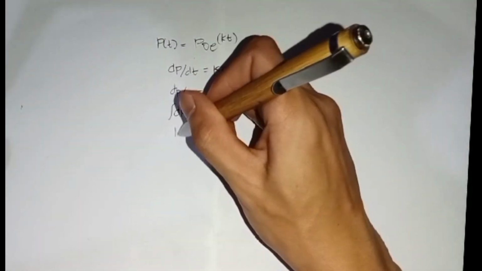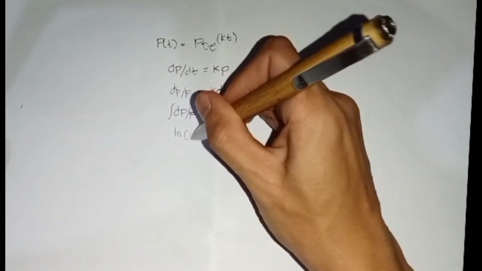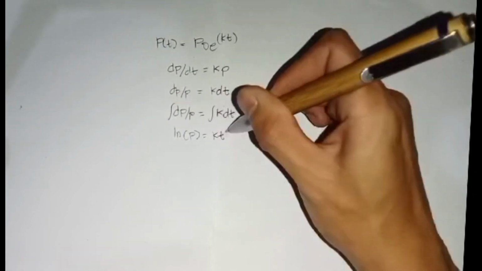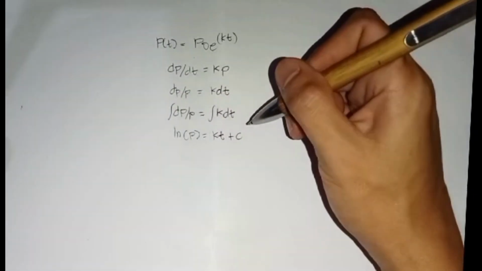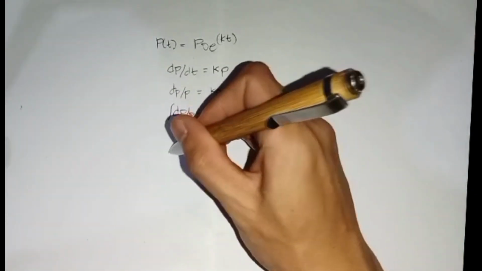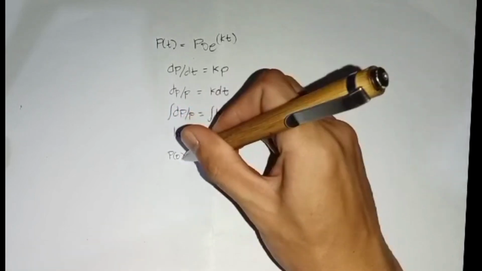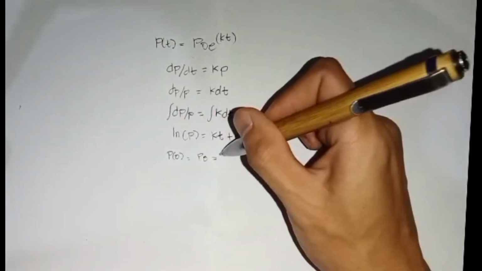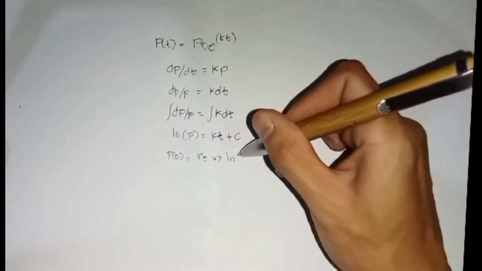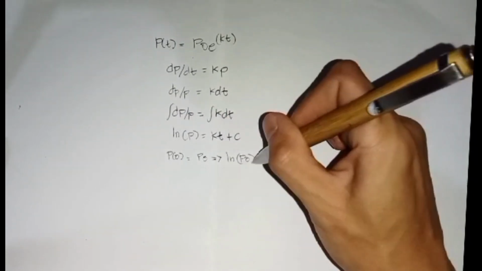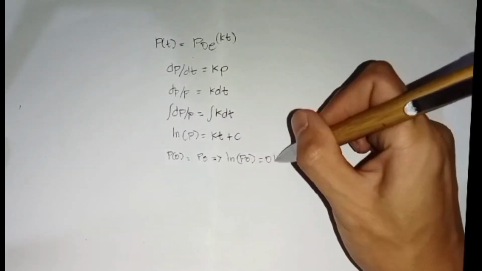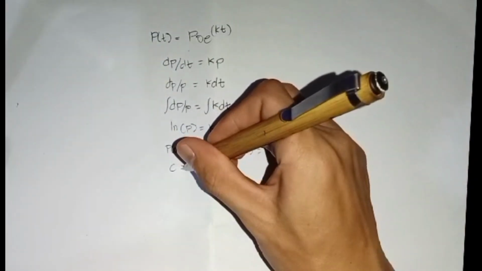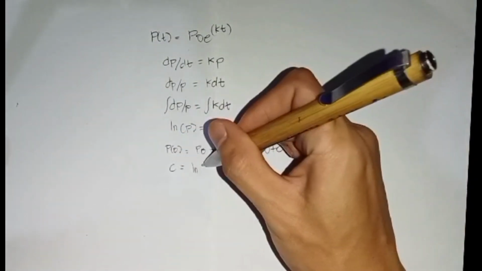The integral of dP over P is ln P, equal to the integral of k, which is kt plus C. Apply the initial condition: P of 0 is equal to P0, and ln of P0 is equal to 0 plus C. So our C is equal to ln of P0.